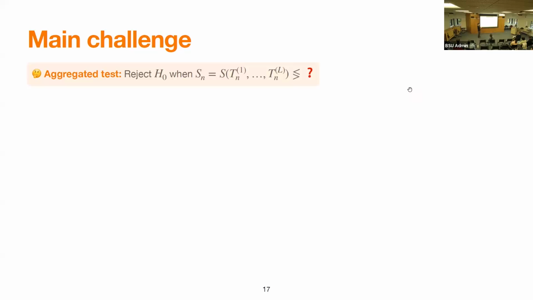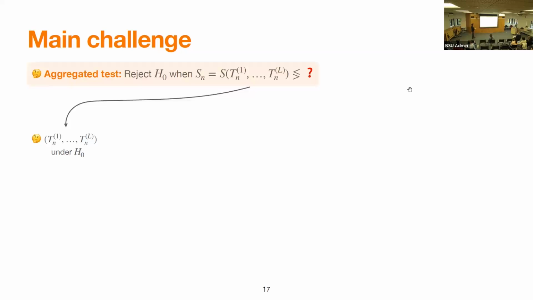So the main challenge is quite obvious. How do we determine the critical value to compare with the aggregated test statistic? In the ideal case, what should I pick as the critical value? Well, this is a test, so I should look at the null distribution of this aggregated statistic and take its quantile, and that should serve as the critical value.